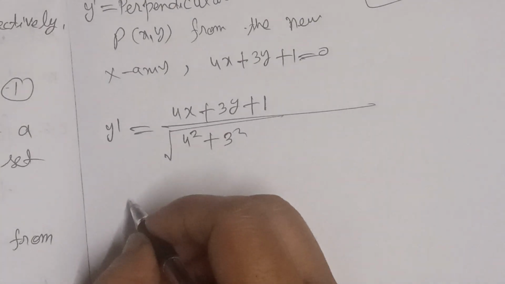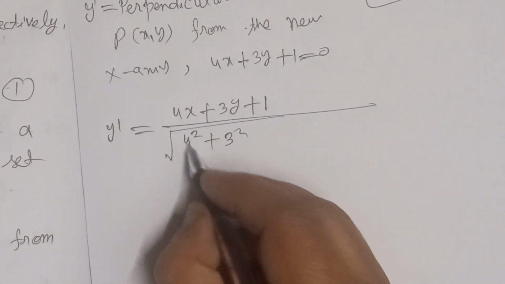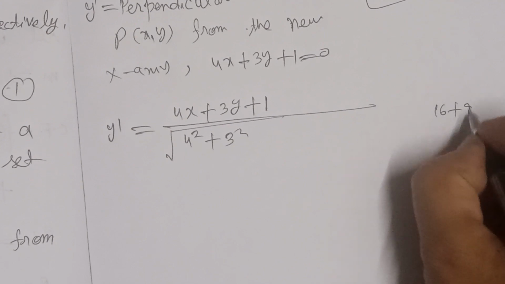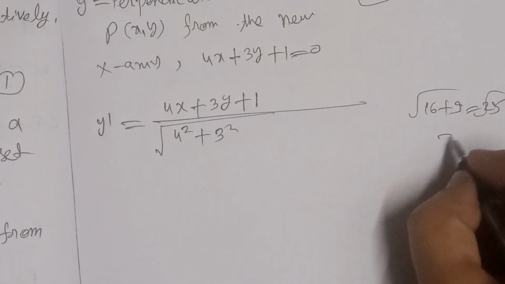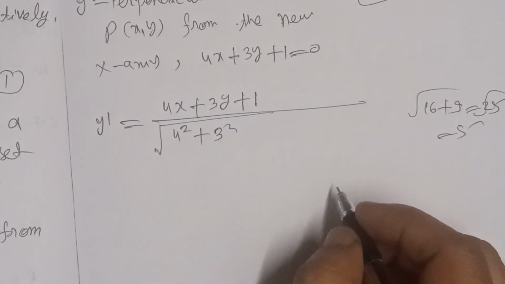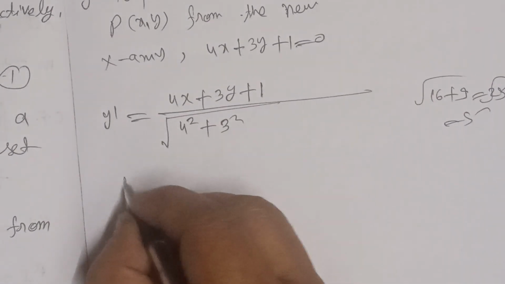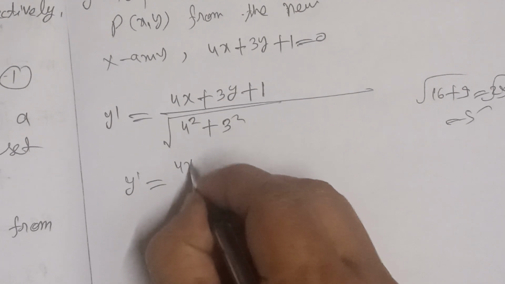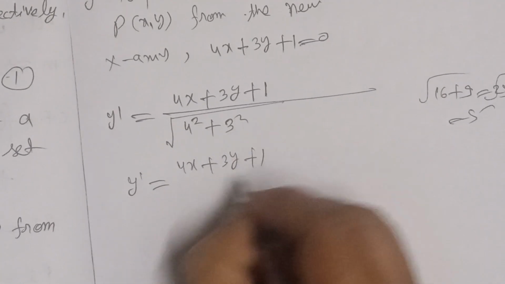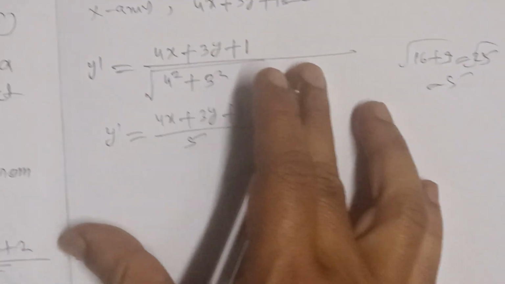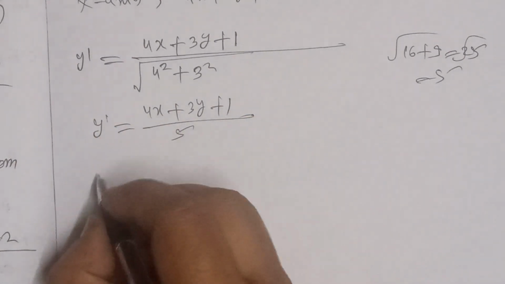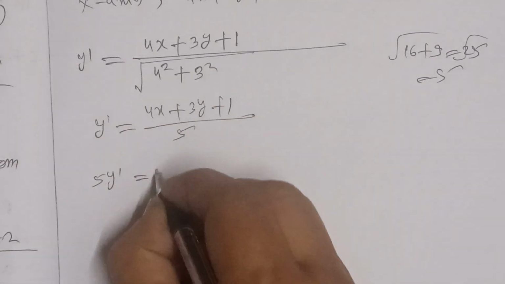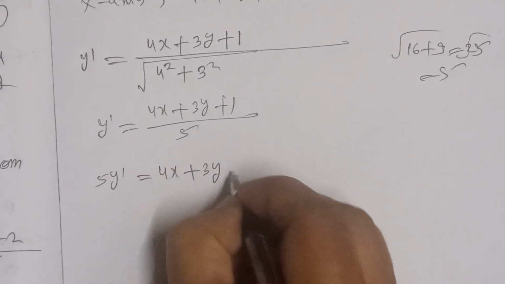We get y dash. 4 square is 16 and 3 square is 9, which becomes 25, and the square root of this value becomes 5. So we get y dash is equal to 4x plus 3y plus 1 upon 5. On transposing 5 to the left hand side, we get 5y dash is equal to 4x plus 3y plus 1.